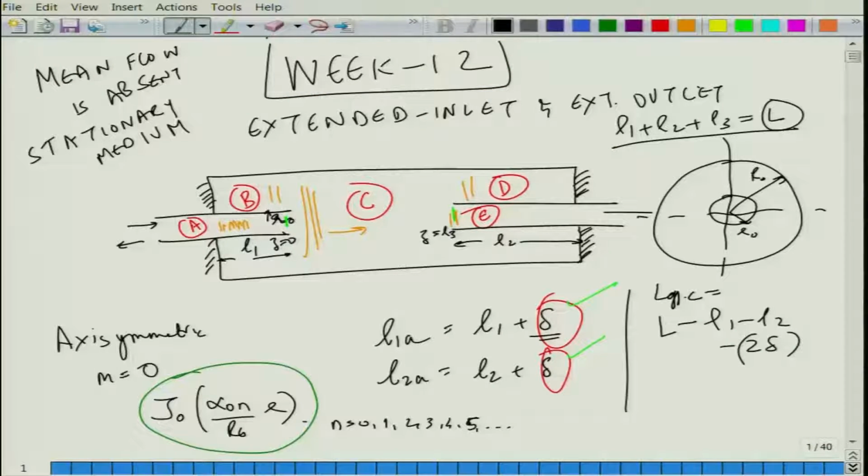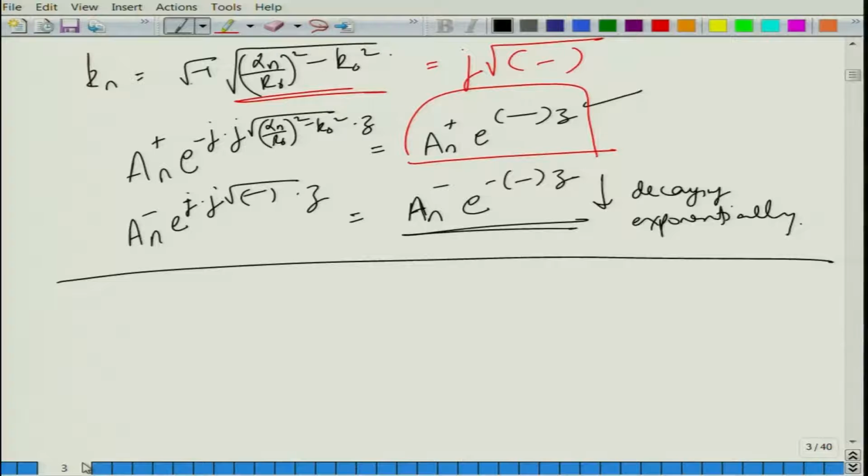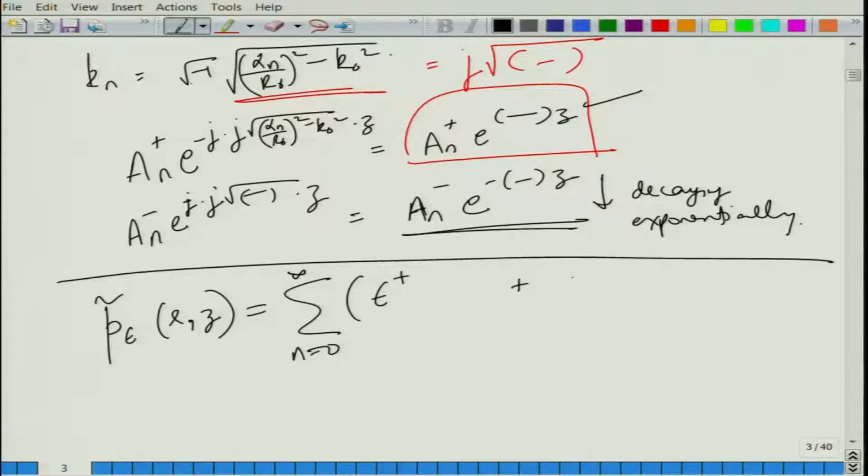And for duct and annular region, now a similar thing would be there for duct E. The solution for the port E, since I am dealing with the inlet and outlet ports, how about I just write down the solution for that as well. So, this is R Z and this is equal to sum n is equal to 0 to infinity, E plus, E minus, xi.